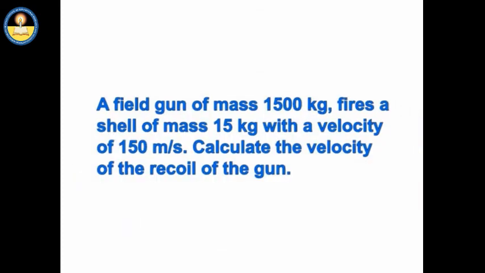A field gun of mass 1500 kg fires a shell of mass 15 kg with a velocity of 150 meters per second. Calculate the velocity of the recoil of the gun.